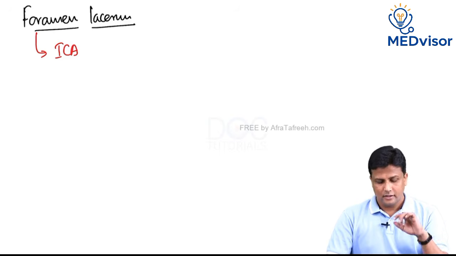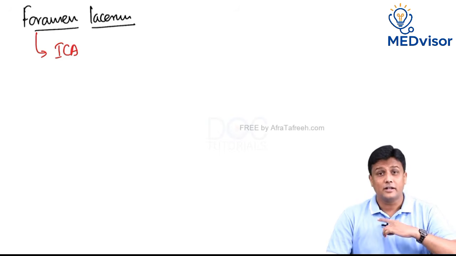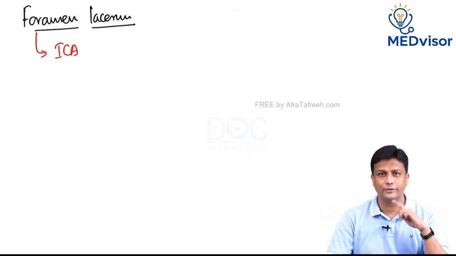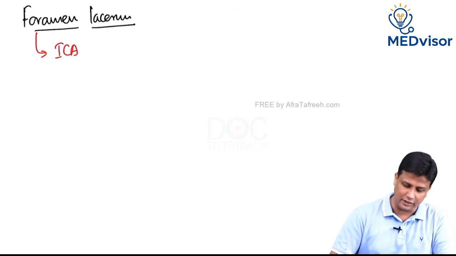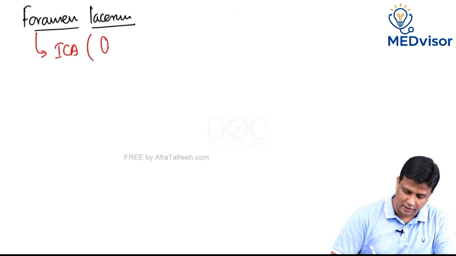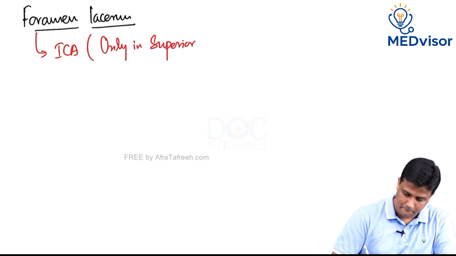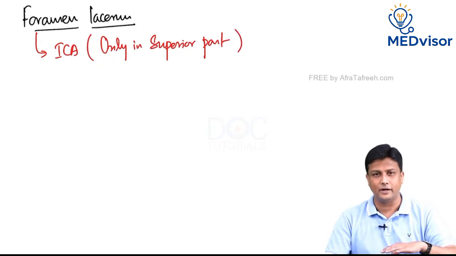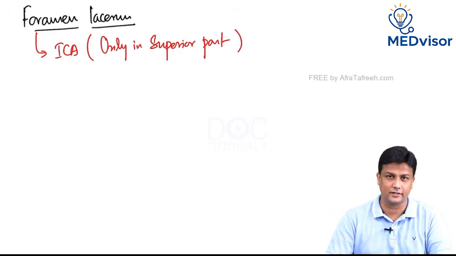Because internal carotid artery is not passing throughout the foramen lacerum. Okay. It is just passing in the upper part of that one, or superior part. So, internal carotid artery is present only in superior part of foramen lacerum. Why? Because the lower part is actually closed by cartilage there, guys.